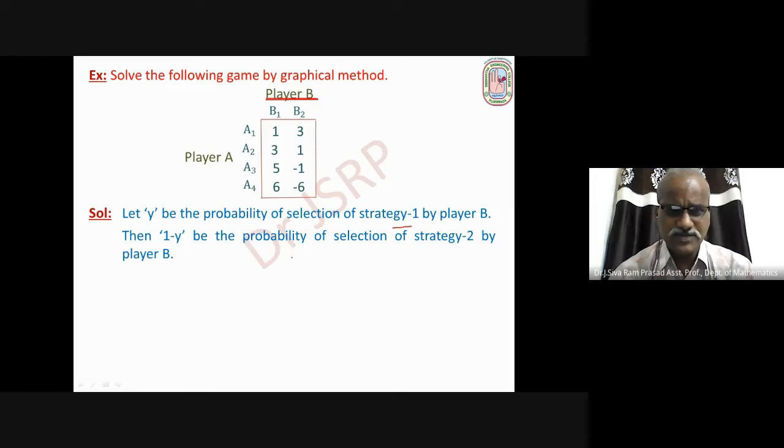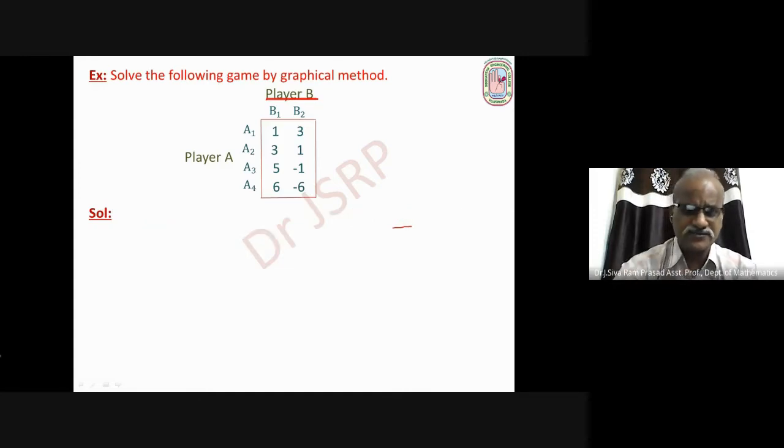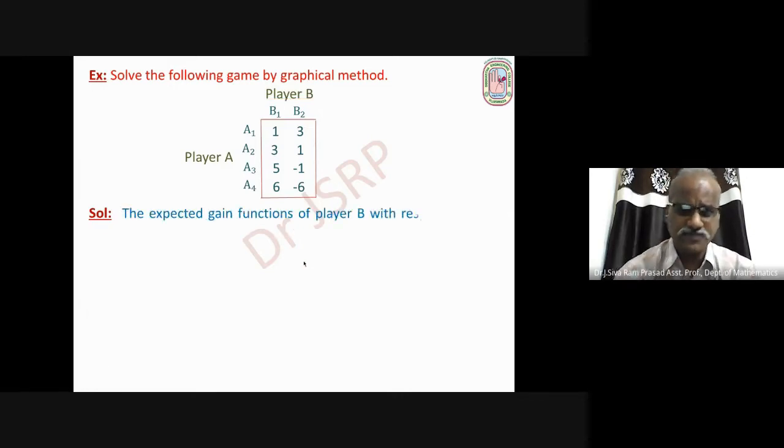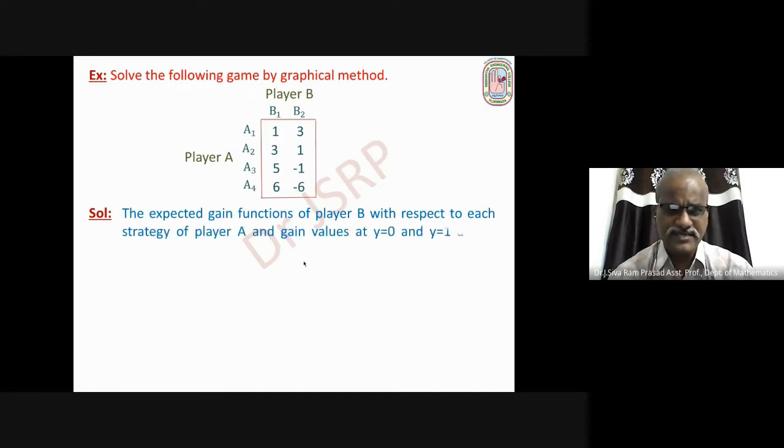Once we know these probabilities, we can find expected gain functions for player B with respect to each strategy of player A, and gain values at y equals 0 and y equals 1 are as follows in tabular form.